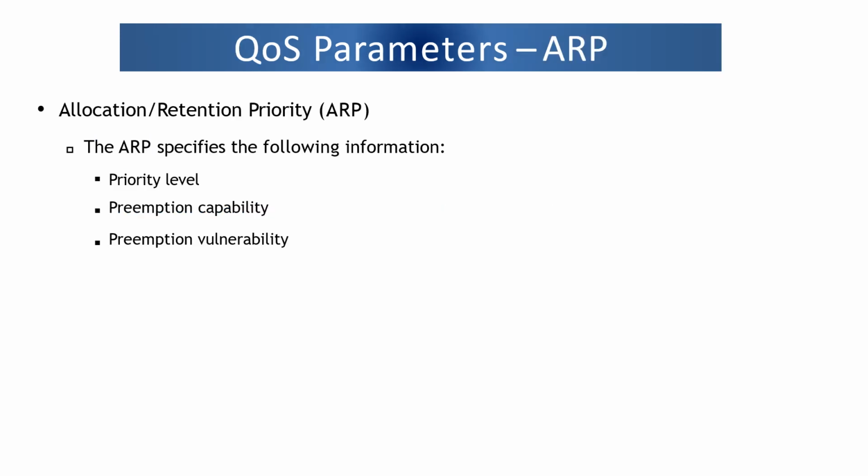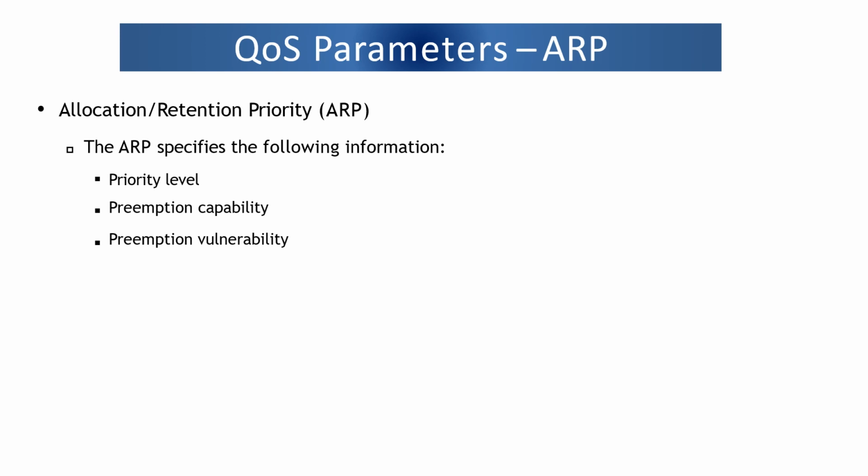Another QoS parameter is ARP, allocation and retention priority. The ARP specifies the following information. First one is the priority level, second one is the preemption capability, third one is the preemption vulnerability.